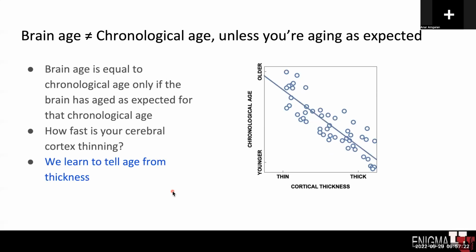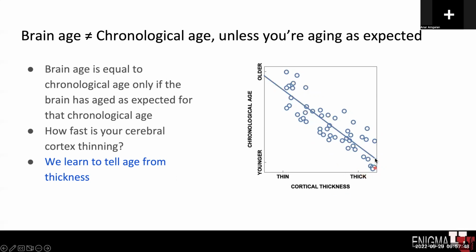Given the data in the blue points over here, which might be expected from a healthy or typically aging population, we try to quantify a function that indicates exactly how you're expected to age on average in terms of your cortical thickness.